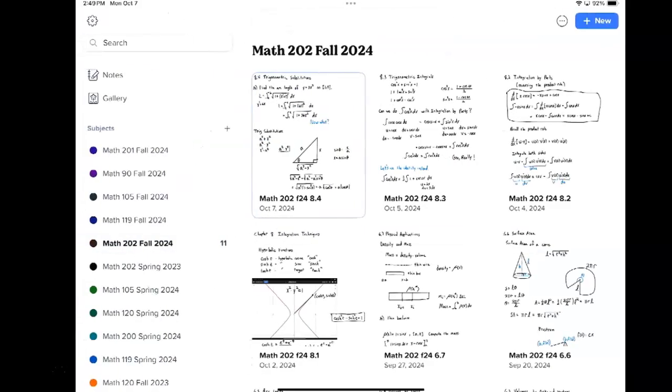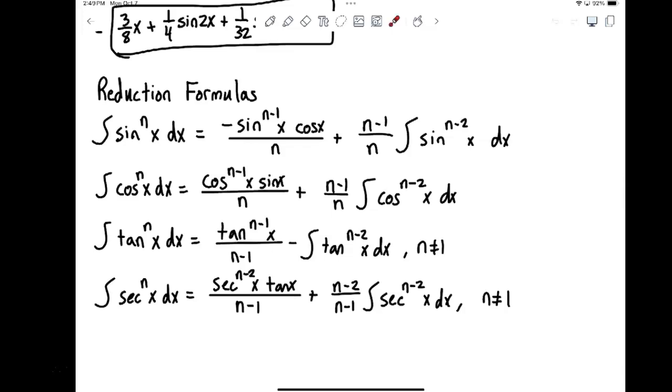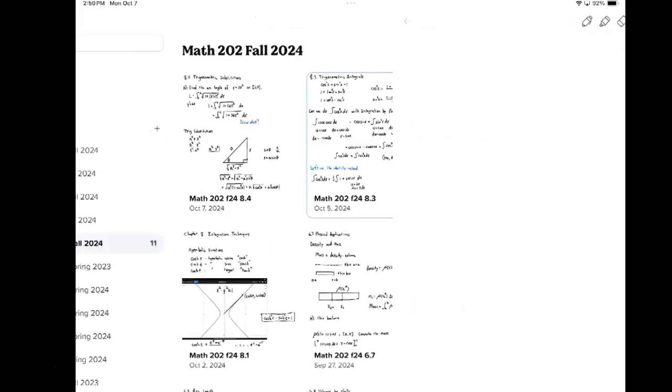So just to go back, the reduction formula for secant says the integral of secant to the n is secant of 2 powers lower times tangent, all over n minus 1, plus n minus 2 over n minus 1 times the integral of secant of 2 powers lower. So we just have to keep those formulas in the back of our mind as we're doing these, and keep them handy.